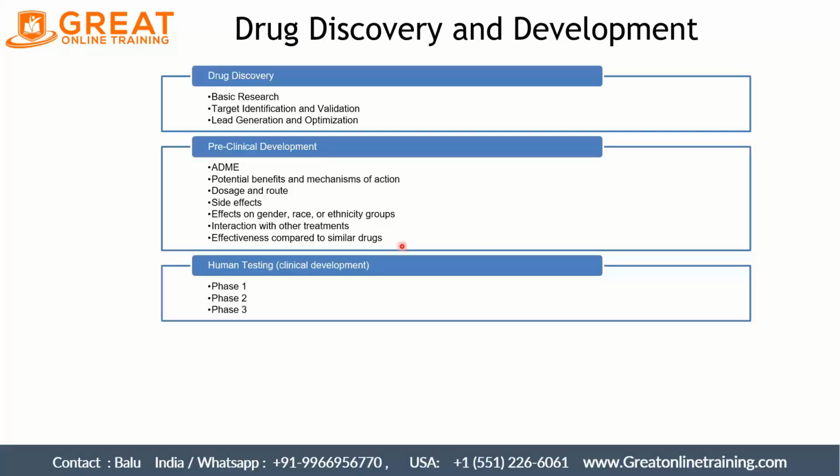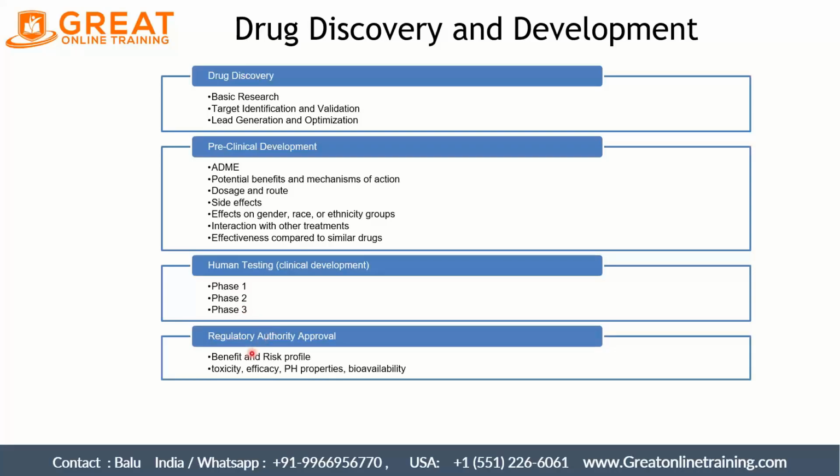And in clinical trials, we have multiple phases like phase 1, phase 2, and phase 3, which I'll explain in the next slide. After the clinical trials, the pharmaceutical companies will submit a request to the regulatory authorities to approve that medication.